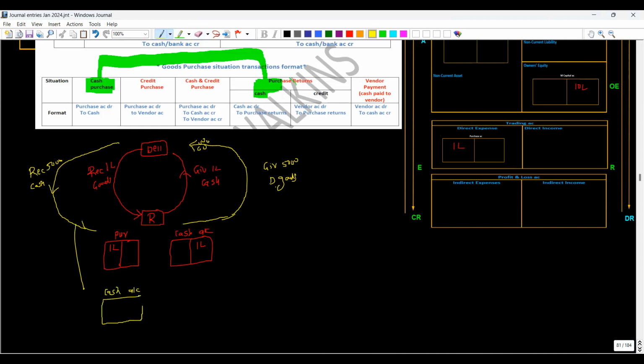Cash account. Which account is going to get debit? Our company is receiving cash, so the cash account is going to get debit. And the damaged goods that we are giving to the Dell company, in which account do we record them? Any idea?